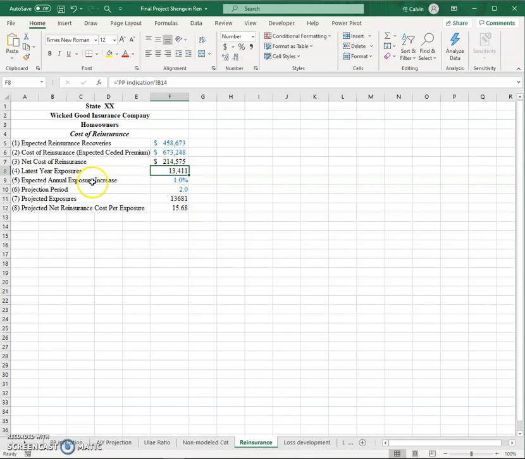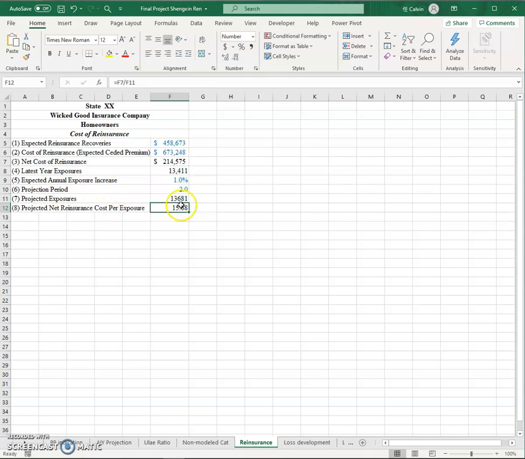And the expected annual exposure increase and the projection period are given. So we can figure out the projected exposure. We use the last year exposure times 1 plus the increase to the power of the projection period, 2.